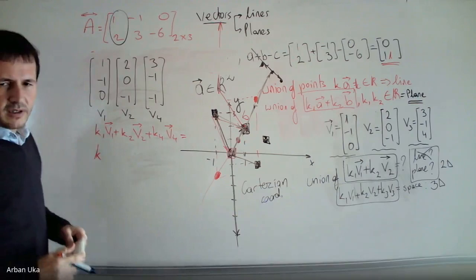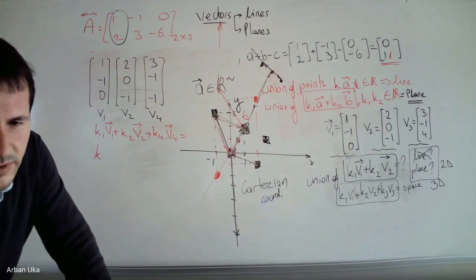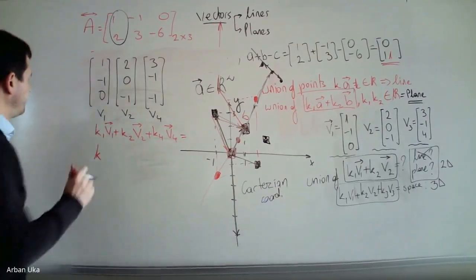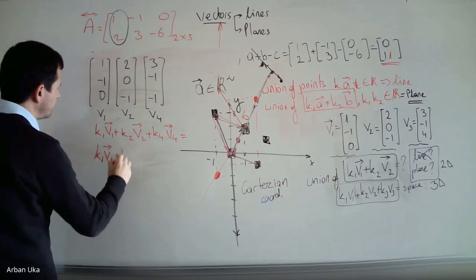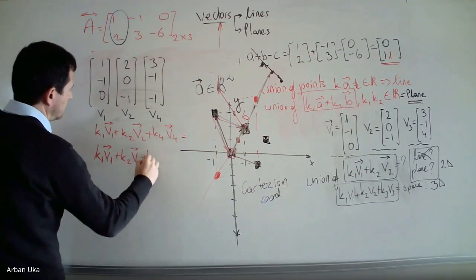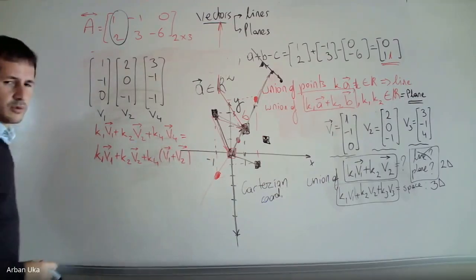Do you see any similarity or relationship between V1, V2, and V4? V1 plus V2 is V4. Exactly, V1 plus V2 is equal to V4.